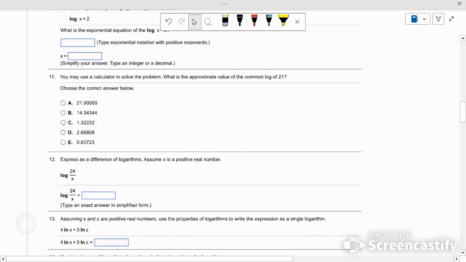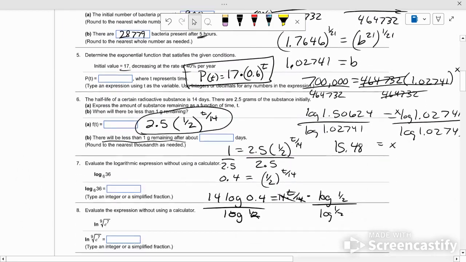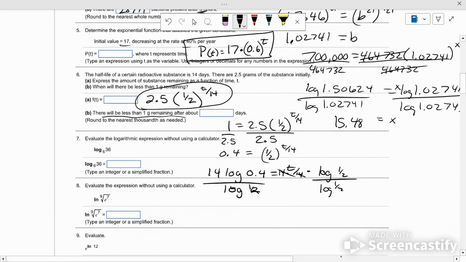Yep, 18.507, because it says round to the nearest thousandth.